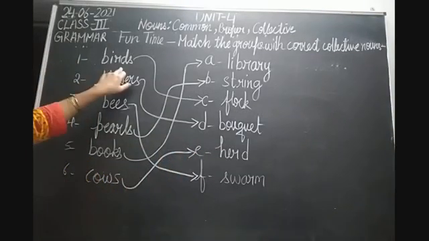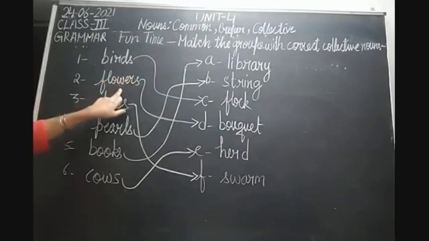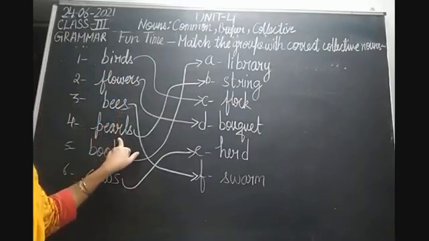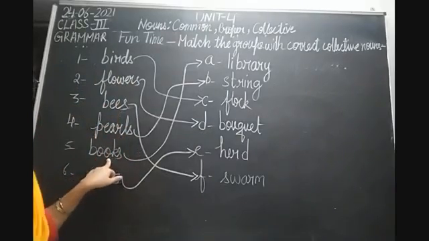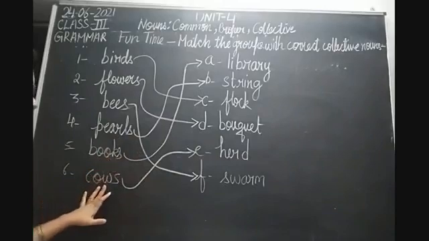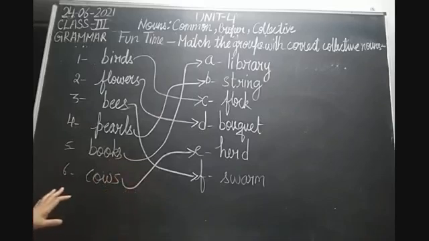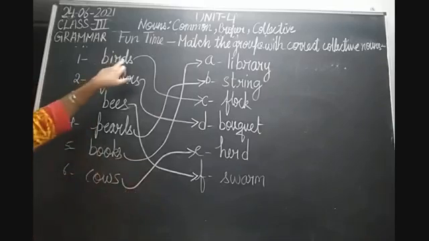Fine. First, a flock of birds. Second, bouquet of flowers. Third, swarm of bees. Fourth, string of pearls. Fifth, a library of books. Sixth, a herd of cows. Fine. I hope everyone has done.